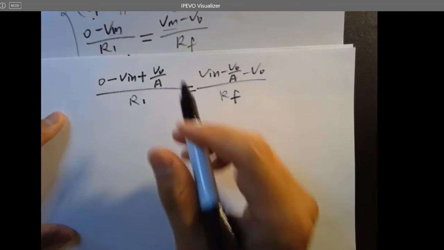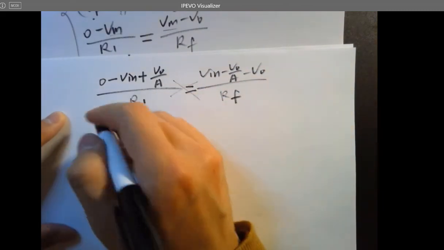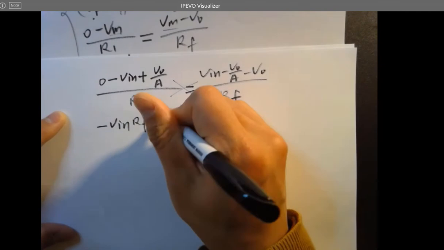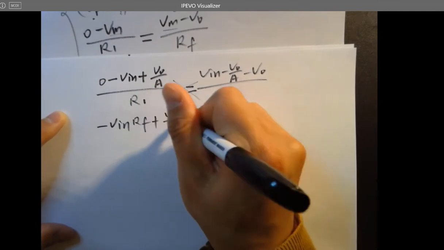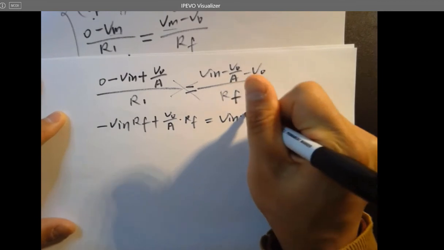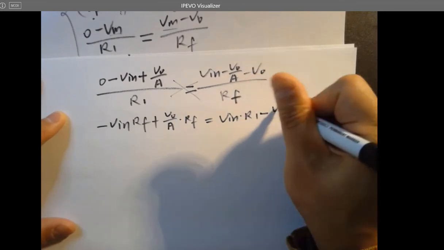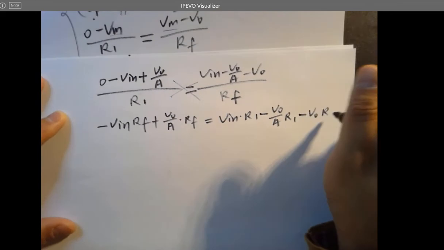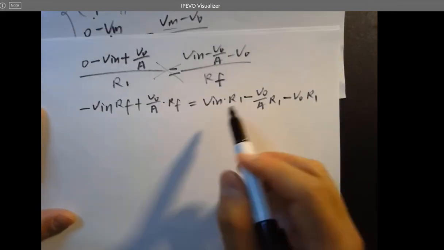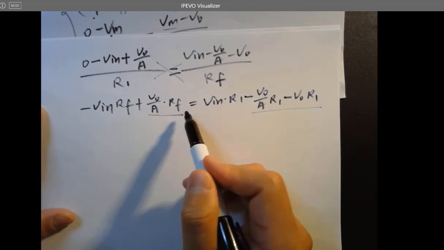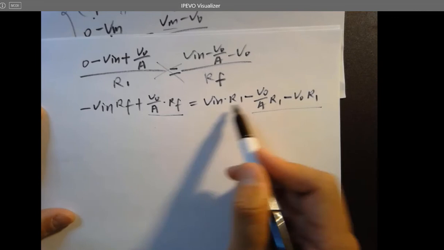And then do this. You are getting minus V in RF plus VO over A RF equals V in times R1 minus VO over A R1 minus VO times R1, and trying to separate all the terms that have VO and V in. So definitely you can move things to here.